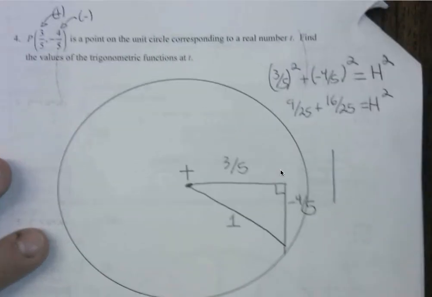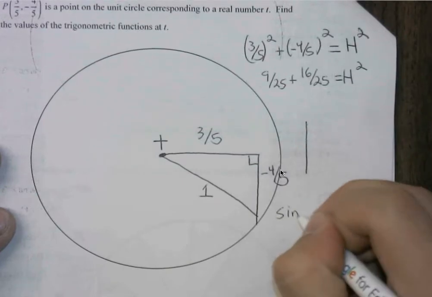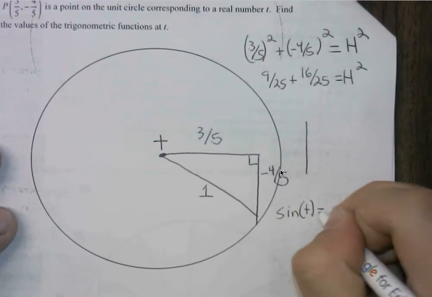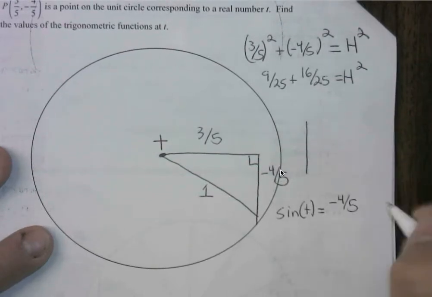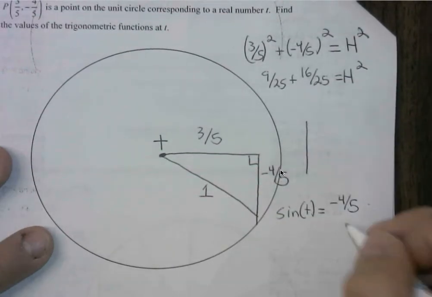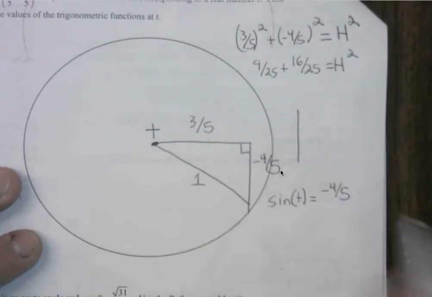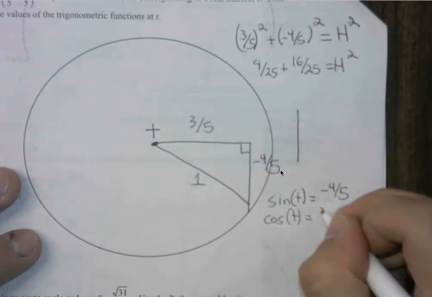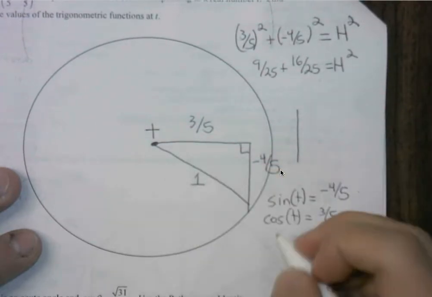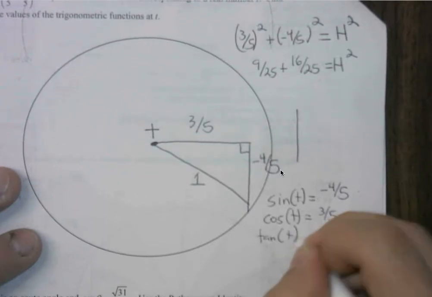All right, so you remember all those trig functions. Let's do this. Sine of t is going to be our opposite. So that's negative 4/5 over 1, which you can just write as negative 4/5. I'm going to do that in this case because anything divided by 1 is just itself. Cosine of t is just 3/5 because that's our adjacent. Tangent, a little bit tricky here.